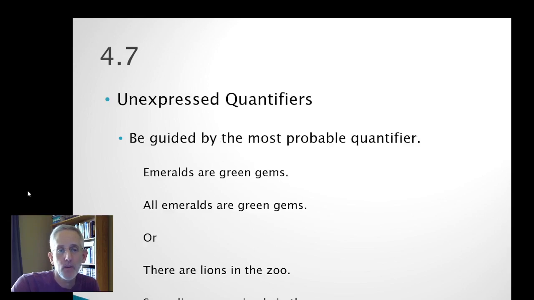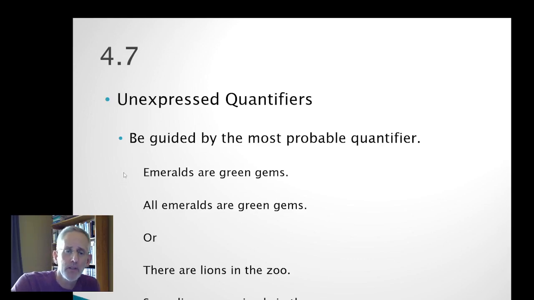And then we have unexpressed quantifiers. Remember, the quantifier is the word that's on the front: all, no, or some. Sometimes statements will lack a quantifier, but there's an implied quantifier. So you want to be guided by the most probable quantifier. You have to look at the context and so on.